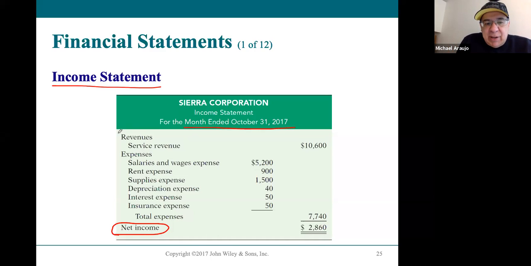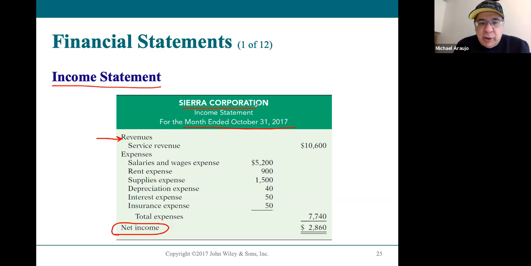The income statement measures how much we've sold to customers of what we do. Now, this particular company, Sierra Corporation, in the book, if you've read through, is just a fictitious company that does tours around the Sierra Nevada area in California.